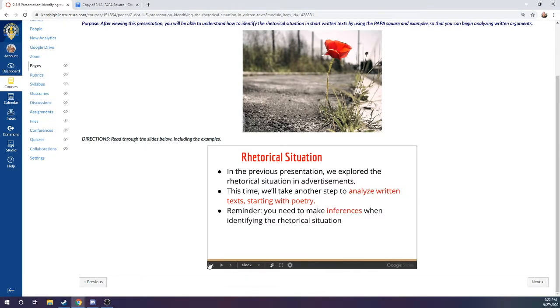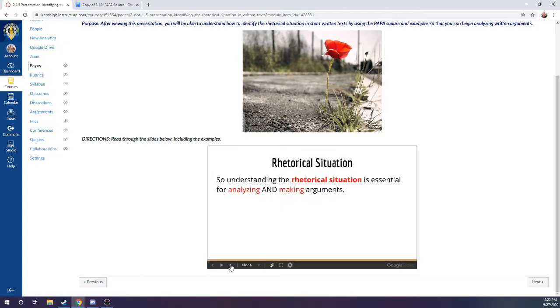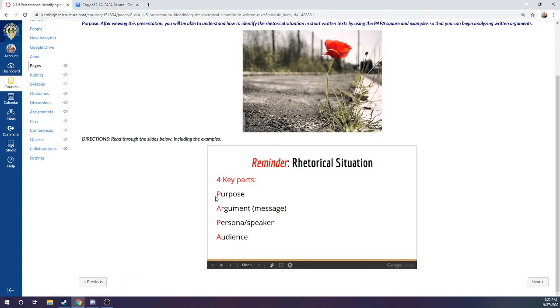So when we consider an advertisement or an argument or any persuasive piece, just understand that we're looking at 4 things here. We're looking at the purpose, what is the motivation behind that piece. We're looking for the argument and the main message that they're making to us. We're considering who the speaker is, who the person is who's trying to get us to change our mind, because that definitely comes into play with their purpose.